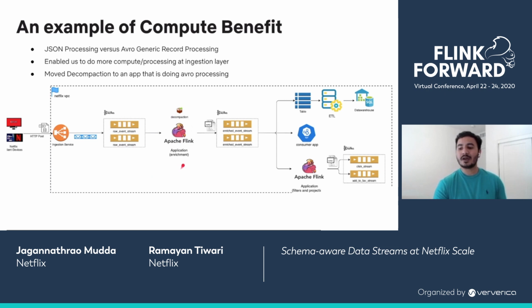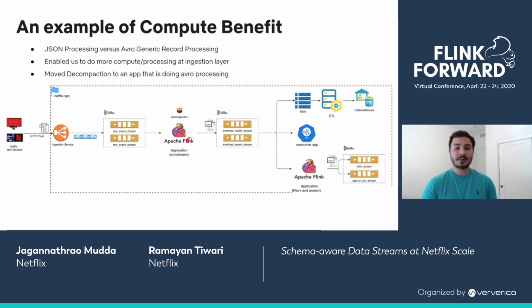Integrating Avro early in the stages of the pipeline enabled us to perform all data enrichment, transformation, and other event processing tasks in Avro format itself. Since Avro processing is much more efficient compared to JSON, this change freed up a lot of compute power in the Flink application.